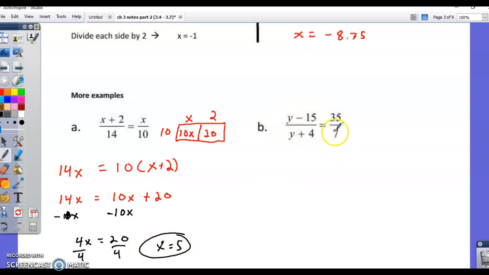All right, this one's just like the sample problem we did. We're just using y's instead of x. So I'm going to take 7 and multiply that by y minus 15, and equals 35 times the quantity y plus 4.